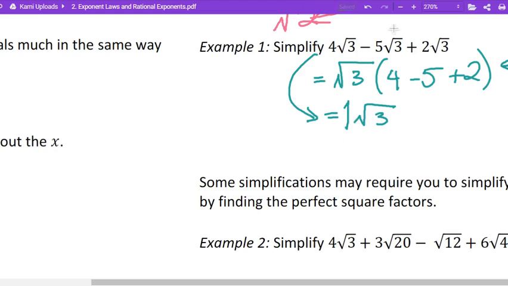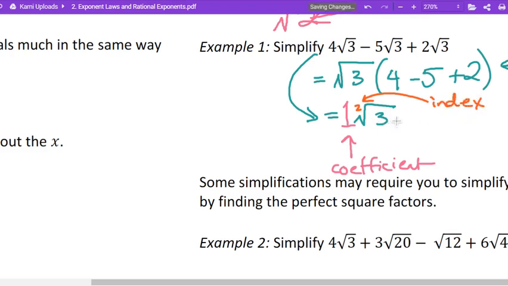No. Okay, good question. Because here we're confusing the coefficient with the index. And the index is assumed to be a 2, and the coefficient is assumed to be a 1.